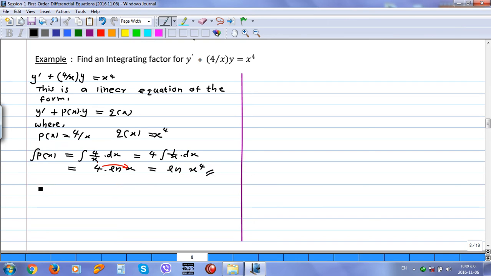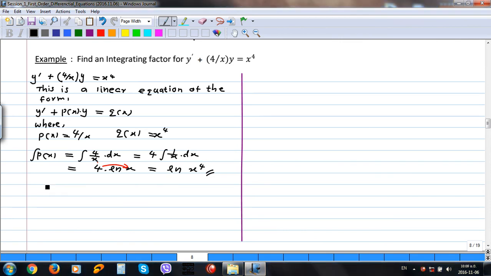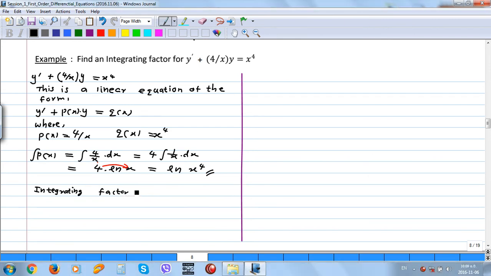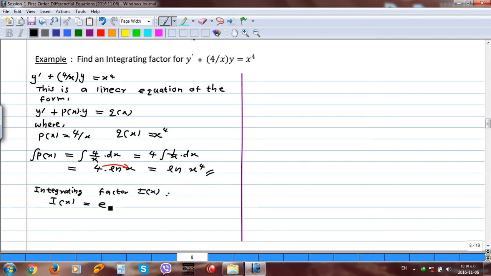So then we can write the integrating factor, that is I of x. I of x equals e to the power integration of p of x dx.